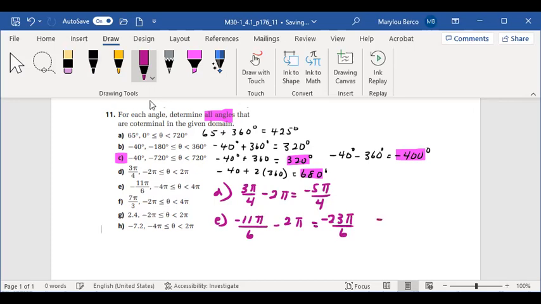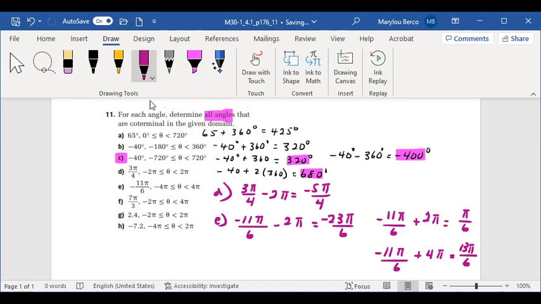We also have negative 11 pi over 6 plus 2 pi is equal to pi over 6. Another possibility is negative 11 pi over 6 plus 4 pi, which is 13 pi over 6.